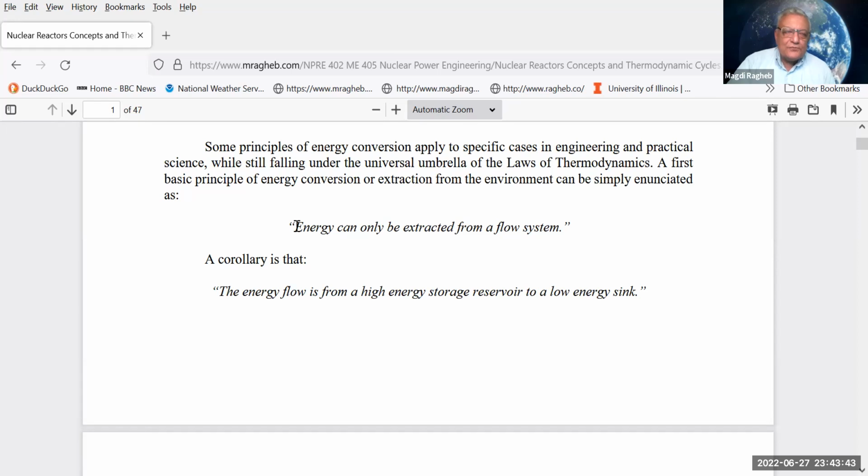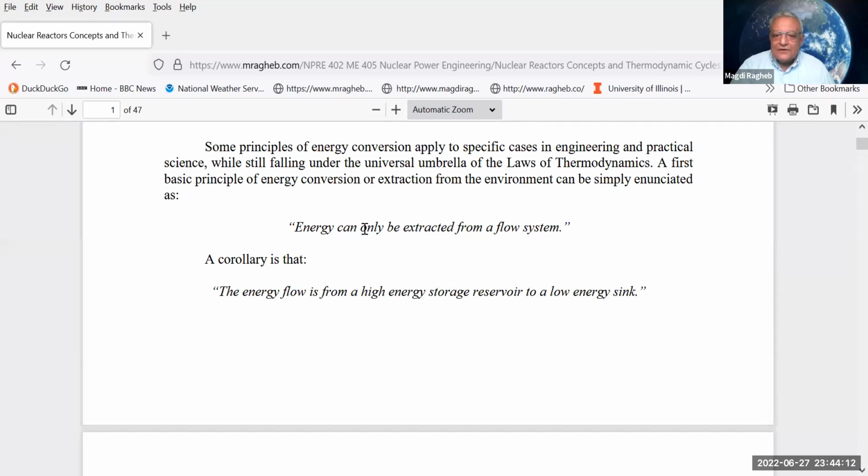The first principle or observation is the following, that energy can only be extracted from a flow system. We cannot extract energy from a system that is stagnant, that is not moving. So if we want to extract energy from the environment, it is very obvious that we have to have a system where energy flows from a high energy reservoir to a low energy sink.